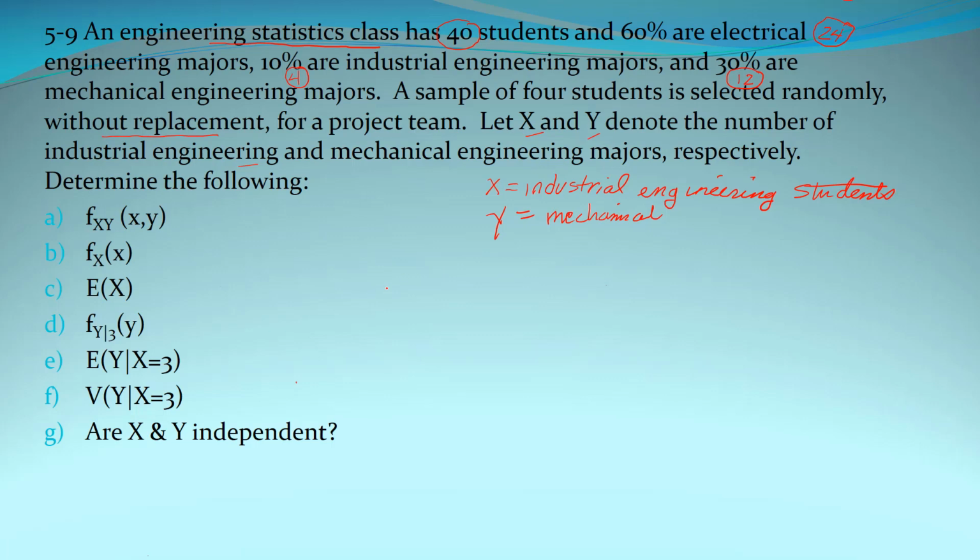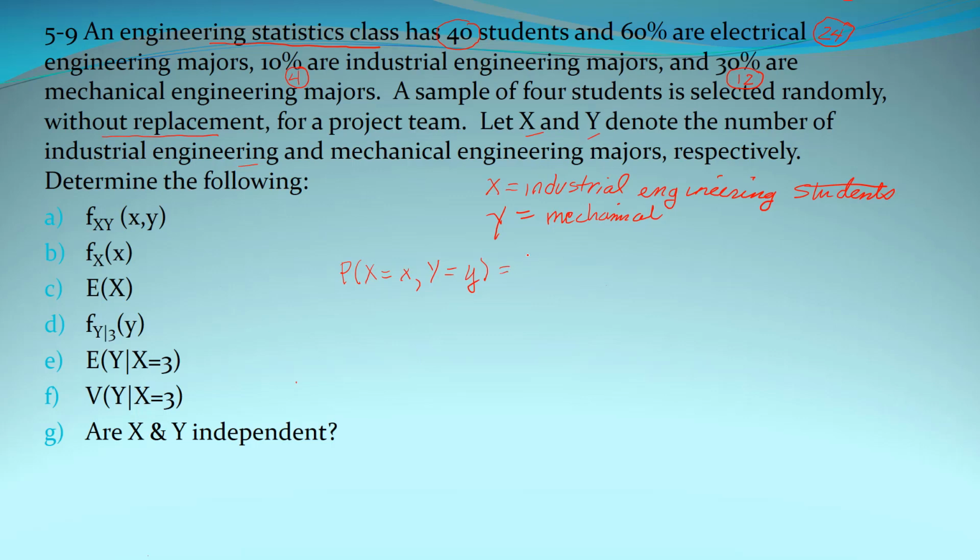So since it's general hypergeometric, we can already get a sense that we're going to need an equation that will calculate the probabilities of selecting each of these kinds of students. For any given x and y, we don't need to calculate the electrical engineering majors, because once we know industrial and mechanical, that automatically sets the number of electrical.